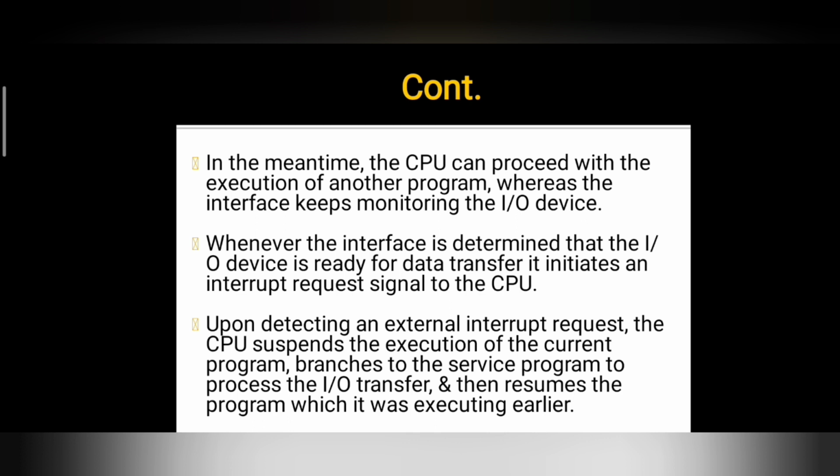It will branch to the service program to process the IO transfer, and later it is going to resume the program which it was executing earlier. So this is how this entire mode works. The only difference is that here the CPU need not monitor continuously the status register in an interface unit. Rather, the interface unit is responsible for sending an interrupt request signal to the CPU whenever the data is ready to be transferred from an IO device.